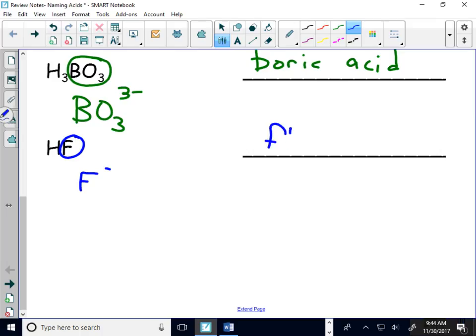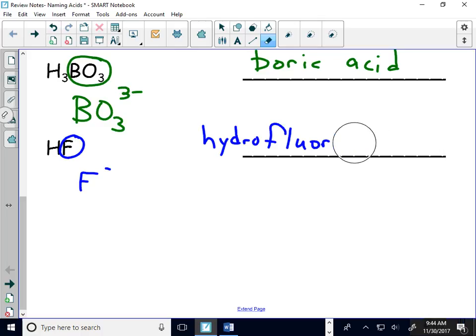Fluoride. What rule am I dealing with? Rule number 1. What does rule number 1 tell me? Add hydro. Change IDE to IC. And the word acid. Hydrofluoric acid.